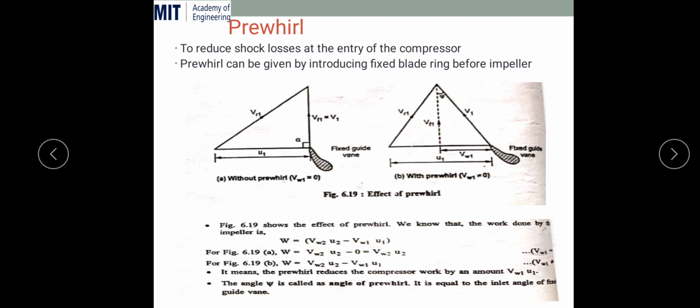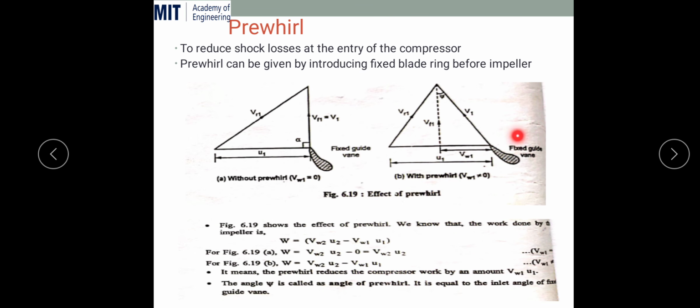Pre-whirling means we have to provide a whirling component of velocity at the inlet side. Initially, we know that VW1 is equal to 0 as per the basic study, because we already studied that V1 is equal to Vf1. But now with pre-whirl, VW1 is not equal to 0, because there is a fixed guide vane. We have to change the angle such that V1 is now inclined.